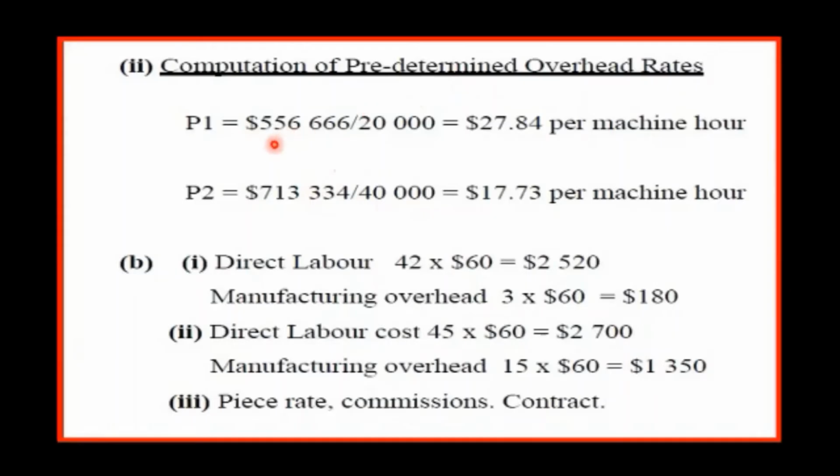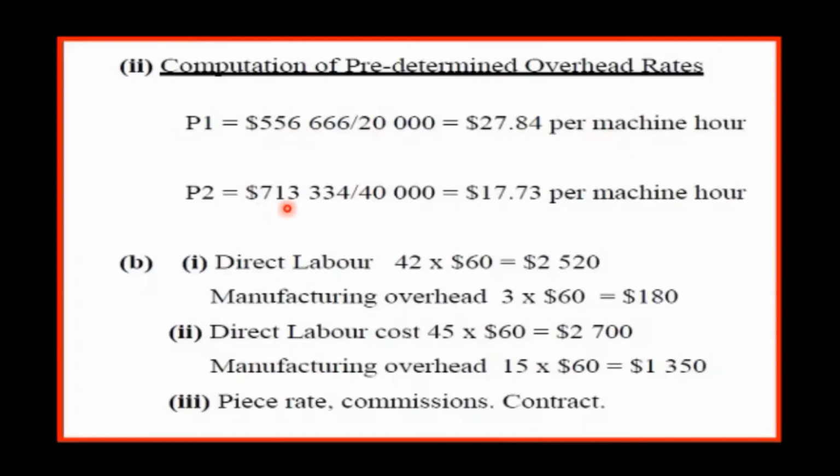It's the total overhead for the department, total overhead costs divided by the base. In this case, the base is machine hours, and the total machine hours for production department one would be 20,000 here. And this is the total overhead cost. So when we divide it, we get $27.84 per machine hour.